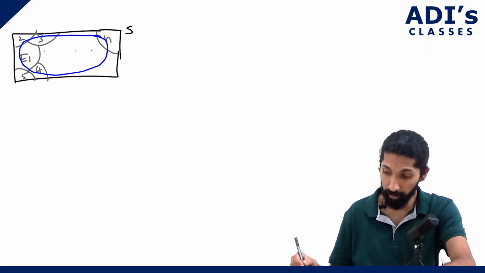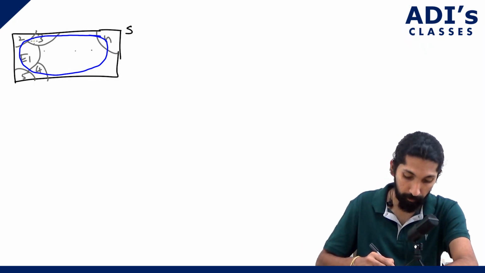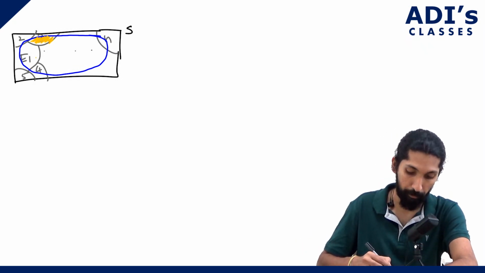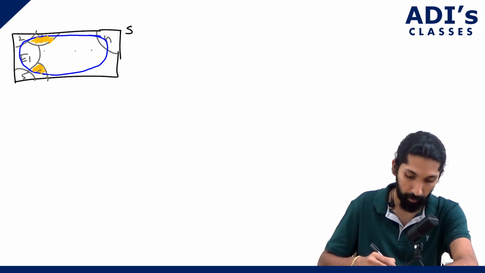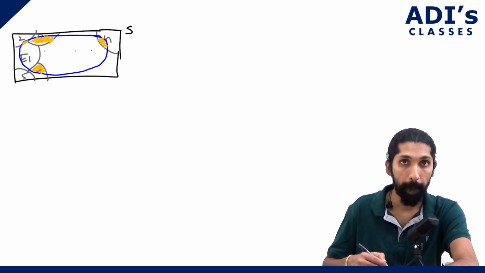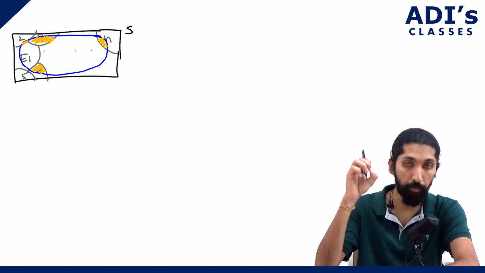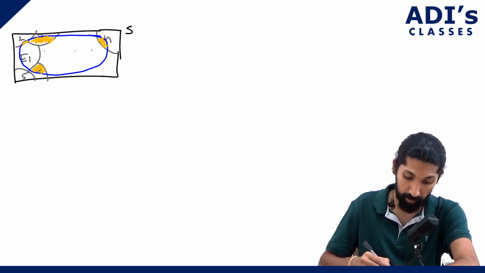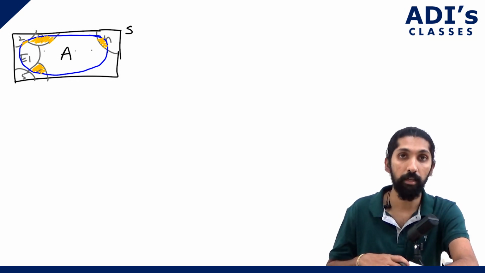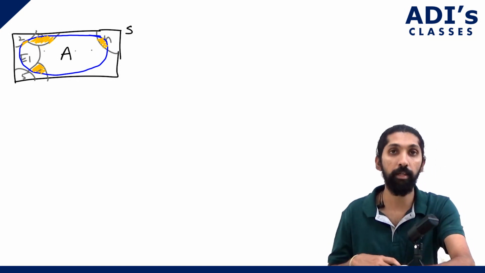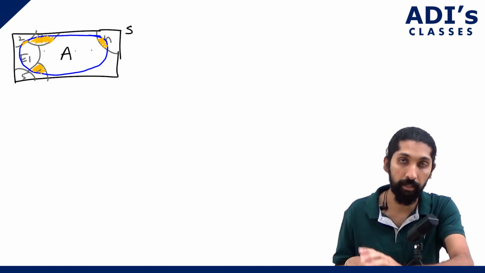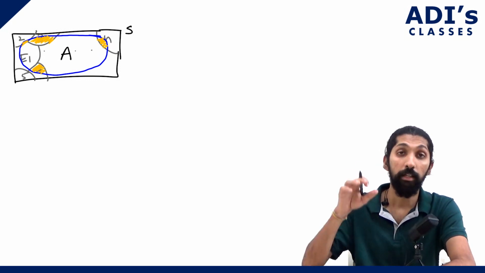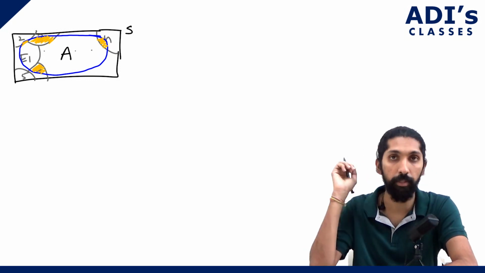For example, if you look here, a part of this is there in E3, a part of this is there in E4, part of this is there in E2, part of this is En, isn't it? So, what is the probability that this event A is happening, given that E2 is happening, E3, E4, E5 till En? Understood? This is what we call total probability.